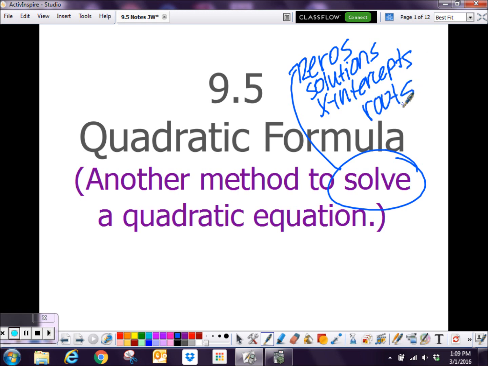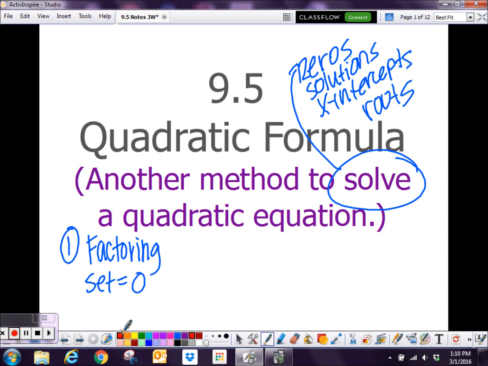Okay, so on the last test, y'all found solutions by factoring, right? So the first way we know how to find solutions is by factoring. There's going to be 4 different methods you learn. We've already learned 2 already. You factor, and then you set them equal to 0.